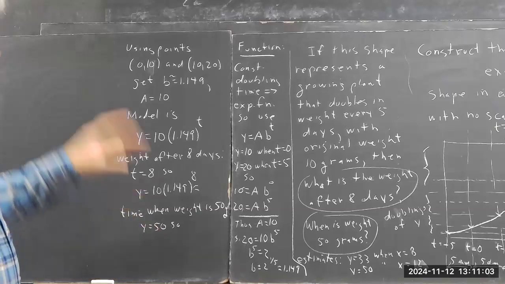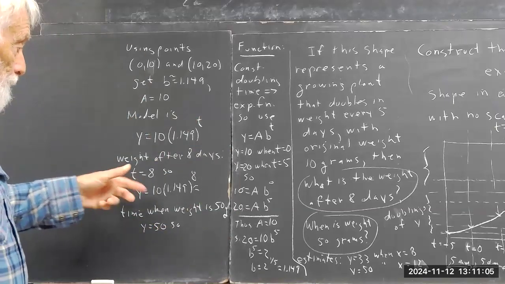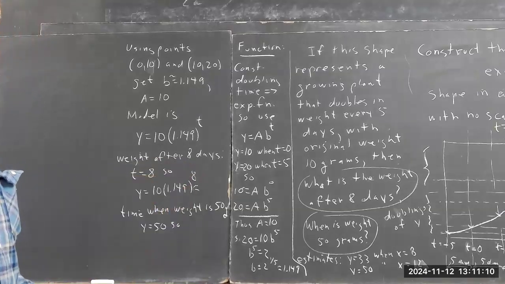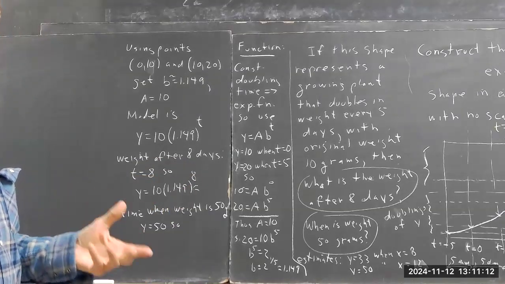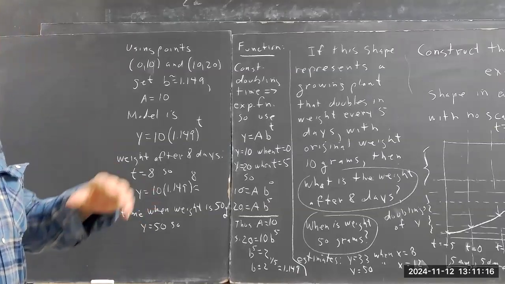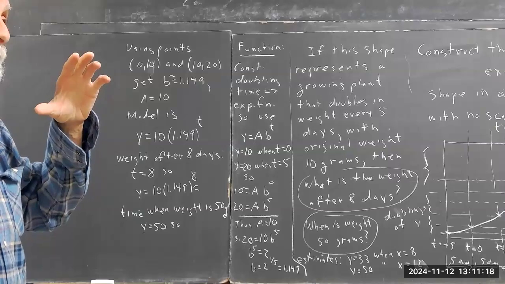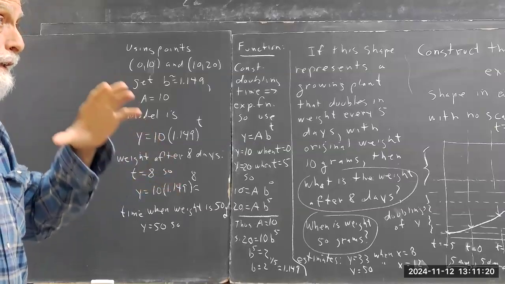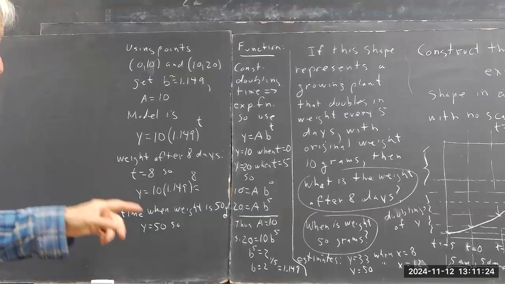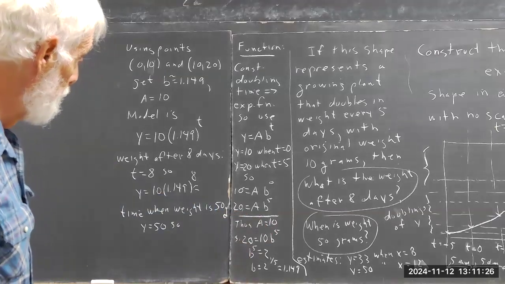If you write down just enough that I see that you knew to evaluate the function at t equals 8 on a test, I'd accept it. But if you don't write down these things, you're not reinforcing it, so you'd be less likely to get it right on the test, okay? So what do you write for the question, when is the weight 50 grams?